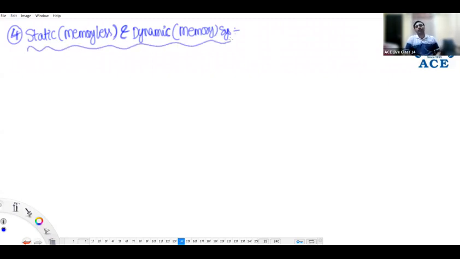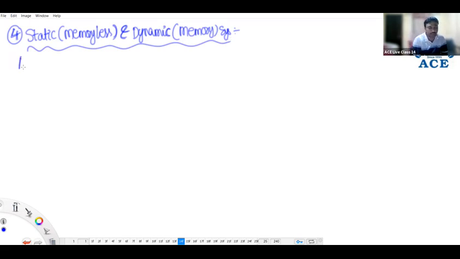The definition of a static system is: if the input and output are observed at the same instant, then the system is static. If you are checking output at 5, input is also taken at 5. If you are checking output at 9, input is also taken at 9. It should not ask for past or future values.